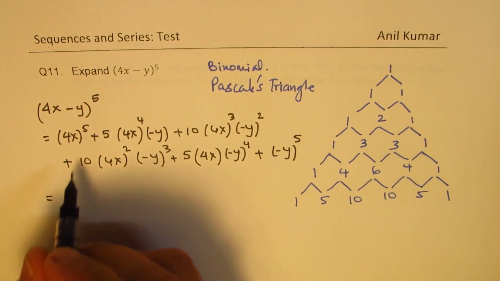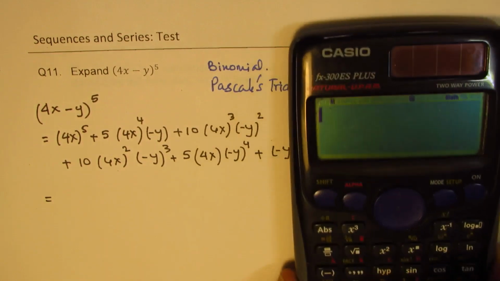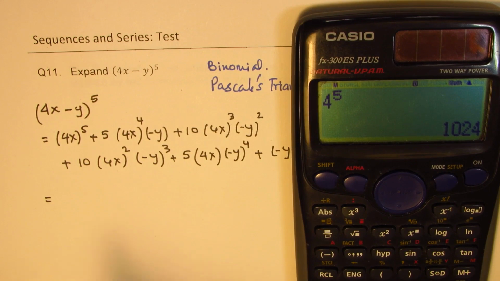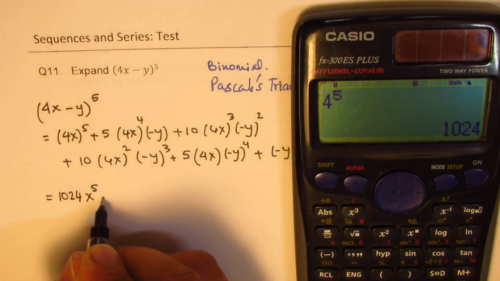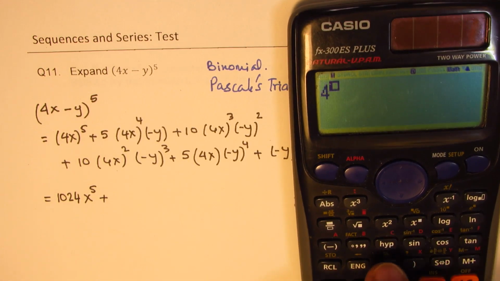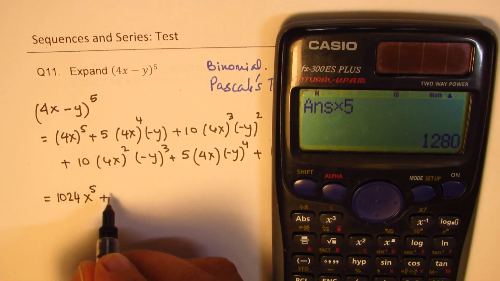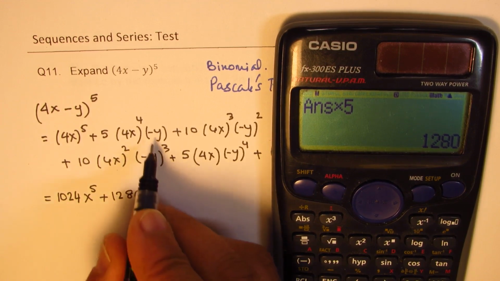So we can actually expand and simplify this. So let's calculate. So we have 4 to the power of 5, which is 1024, x to the power of 5, plus we have 5 times 4 to the power of 4, which is 1280. So we get 1280 x to the power of 4 and minus y.